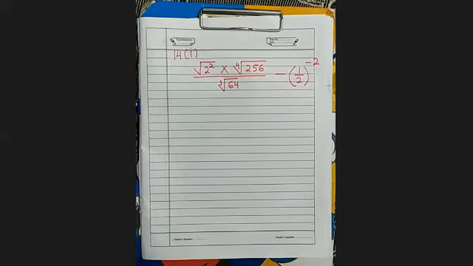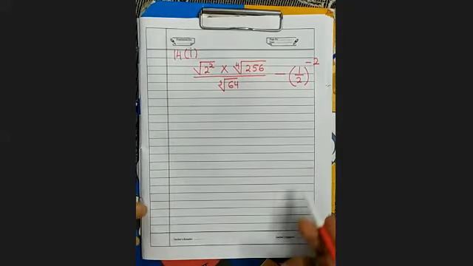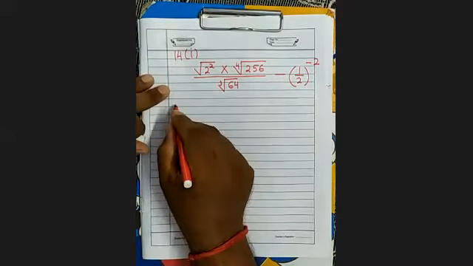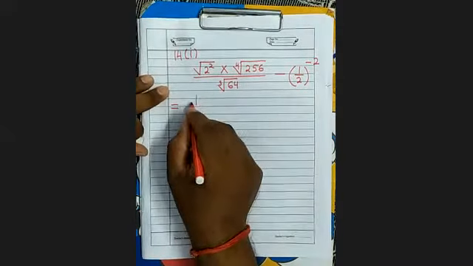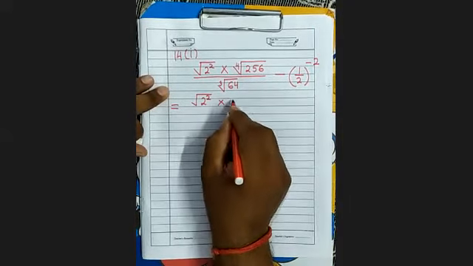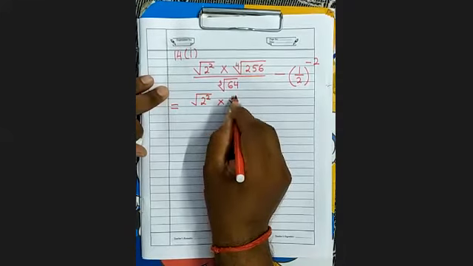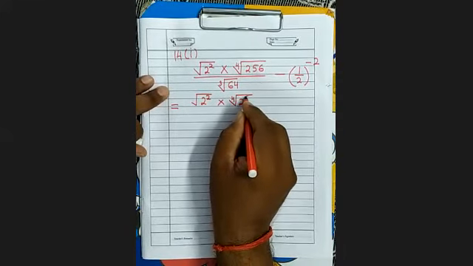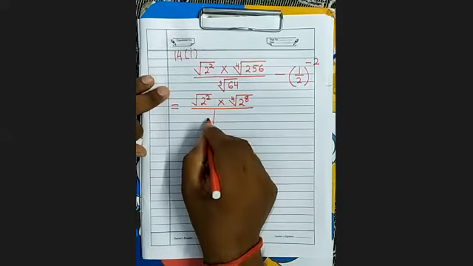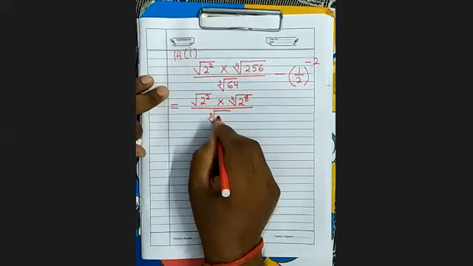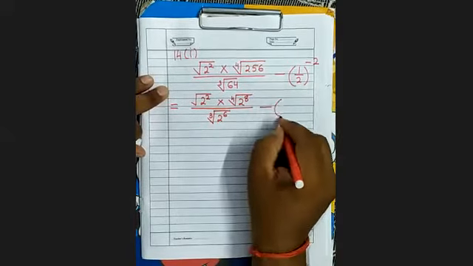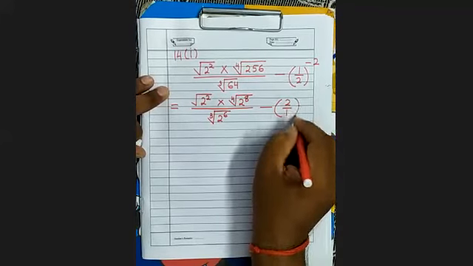Now you can see here 256, just now we have seen that we can write 2 to the power 8. So you see here it is square root 2 square into fourth root 2 to the power 8. And this is cube root of 2 to the power 6. Here you can reciprocate the base, 2 upon 1 whole to the power 2.